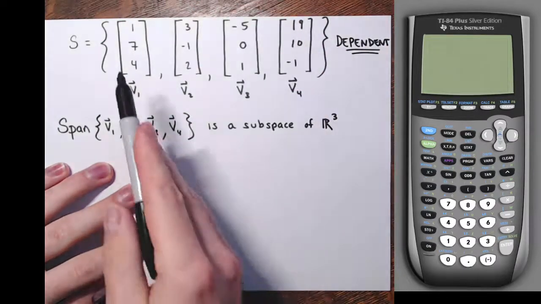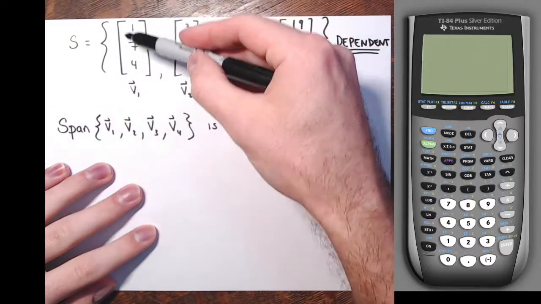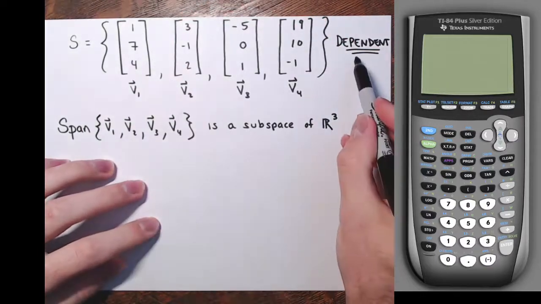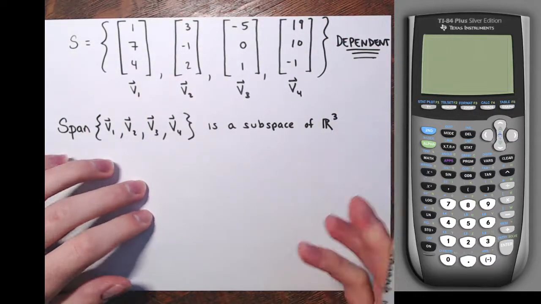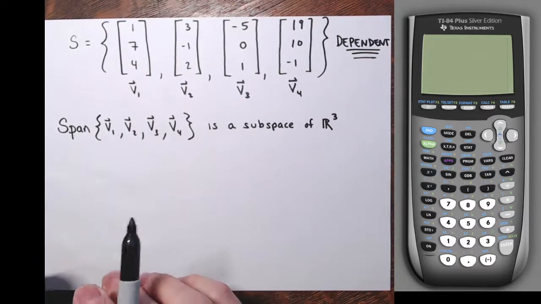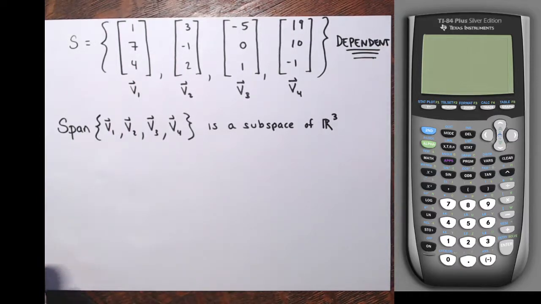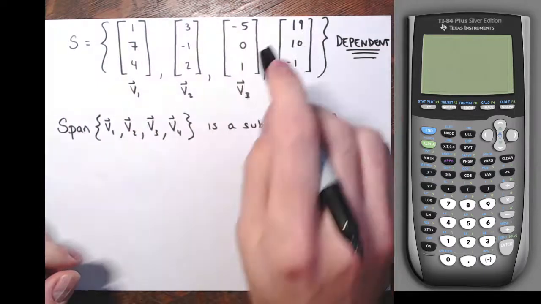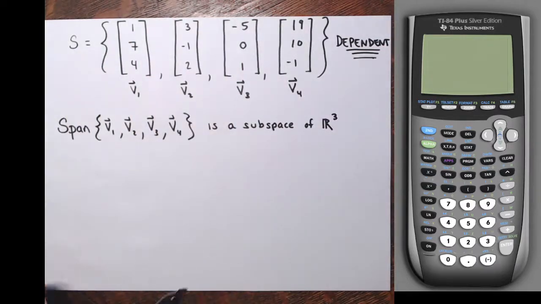There are 4 vectors, but only 3 components in each vector. So without even putting a matrix into echelon form or reduced echelon form, I can tell you right now that these vectors are dependent. So now the question is, which ones don't I need?